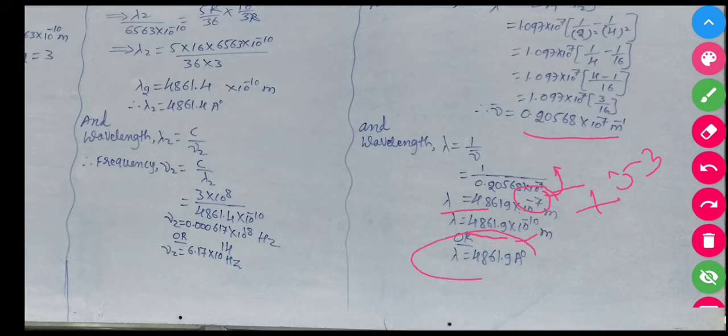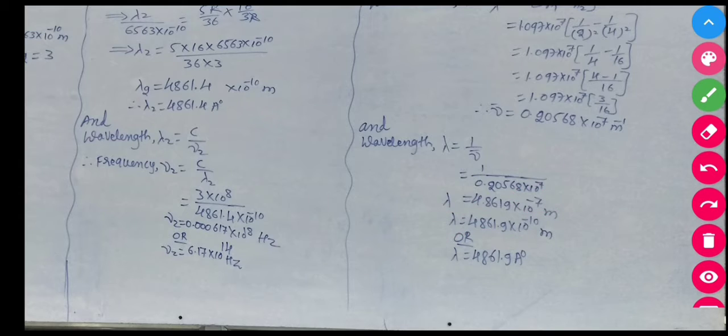Let us see, if you take the reciprocal of this wave number, that is 1 by 0.20568 into 10 raised to 7, then you get the wavelength as 4.8619 into 10 raised to minus 7 meters, if you shift it to the numerator.